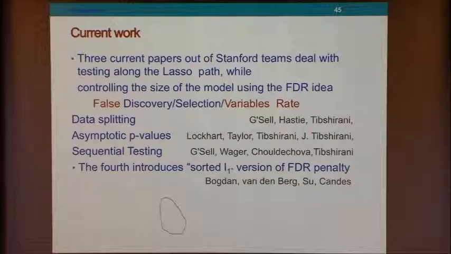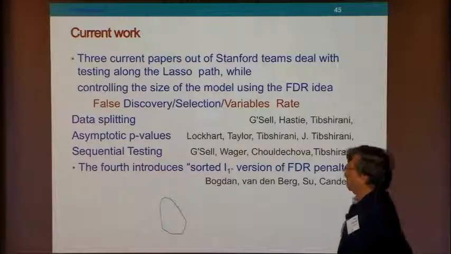Now, this is really at the core of current work in the area. Actually, three current papers out of Stanford teams deal with testing along the lasso path while controlling the size of the model using the FDR idea. They're all from the last half year, essentially.